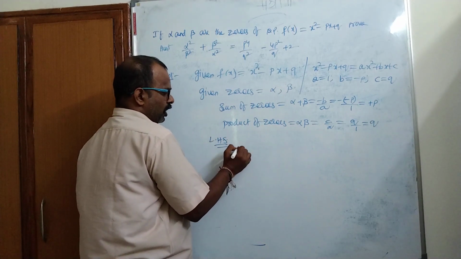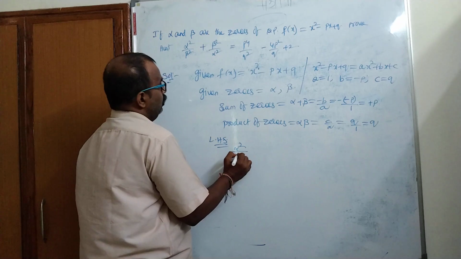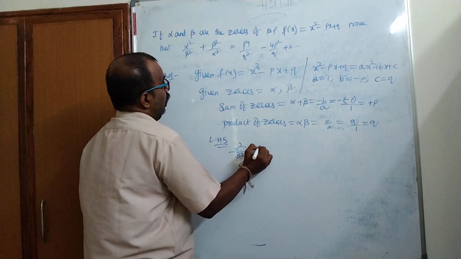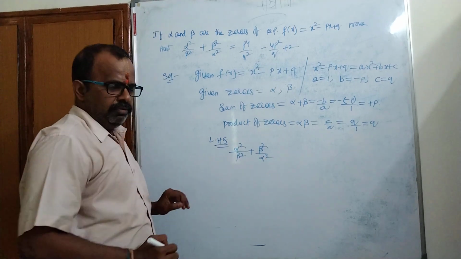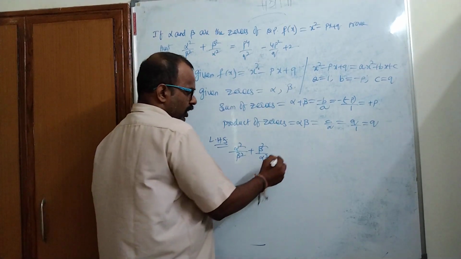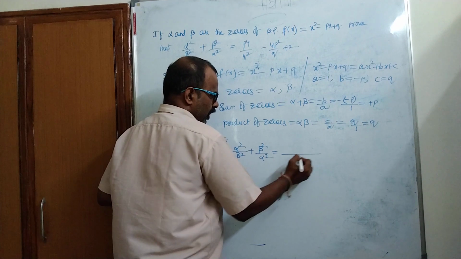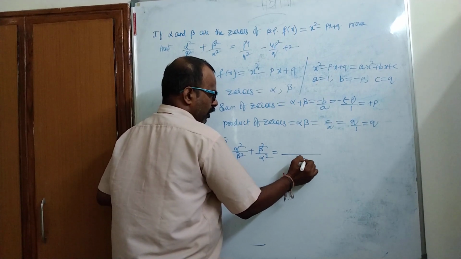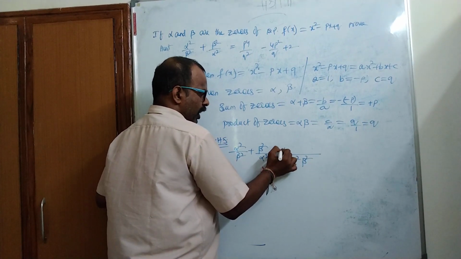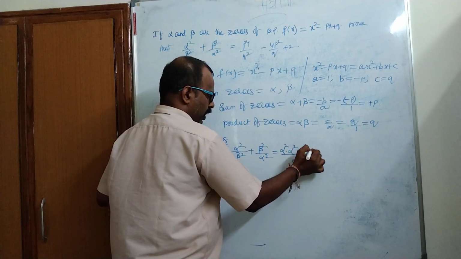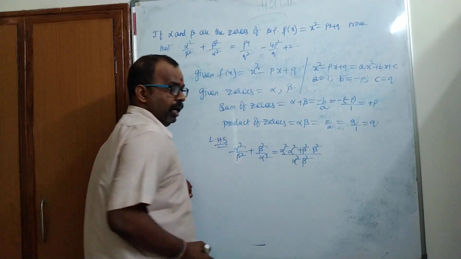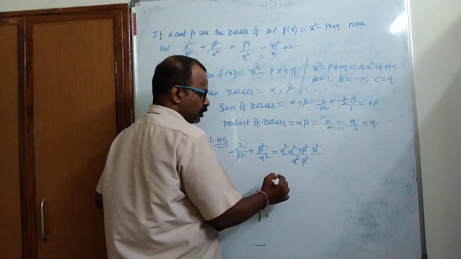Okay, so now take the LHS part. LHS is alpha square by beta square plus beta square by alpha square. So take the LCM. What do we get here? Alpha square beta square in the denominator, and in the numerator alpha square into alpha square plus beta square into beta square.